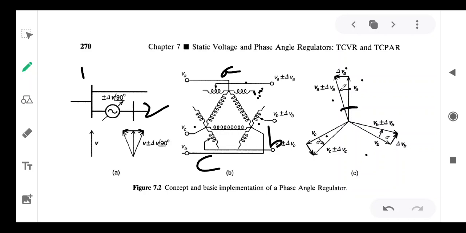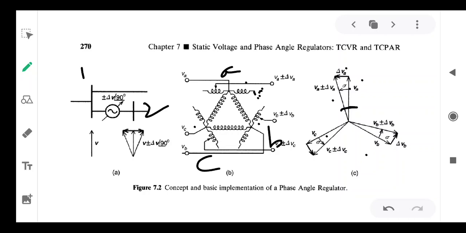Now, the basic difference between the voltage regulator and phase angle regulator is, when voltage is controlled in phase or phase opposition with the original voltage or phase voltage, then it is said to be voltage regulator.